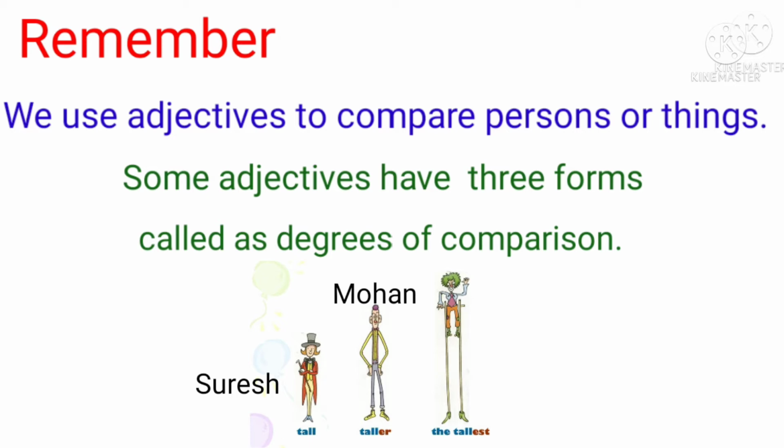And when the comparison is among more than two, how do I say it? For the third man, Ramchand, we say Ramchand is the tallest of the three. I hope the comparison is clear to you.